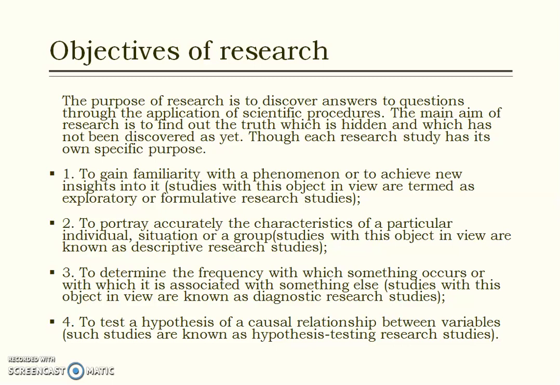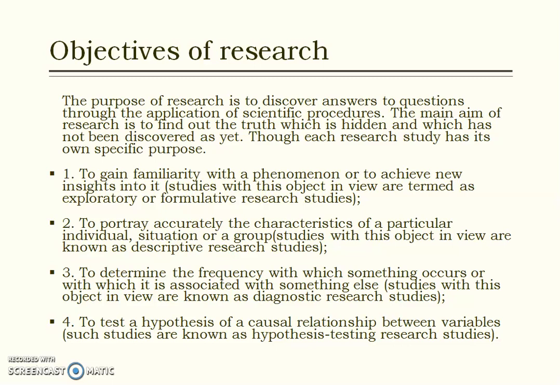Then the next category is to determine the frequency with which something occurs or with which it is associated with something else. It is known as diagnostic research, where we are diagnosing the situation, the symptoms and the cause of that particular problem. For example, a recent issue we are facing is COVID.